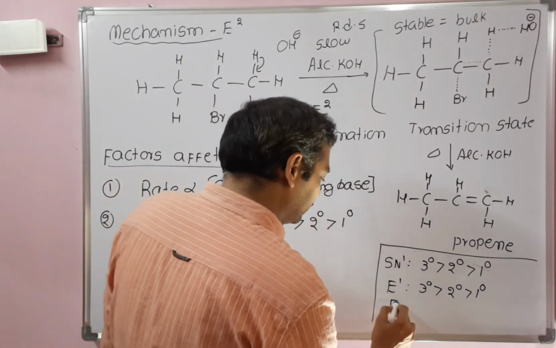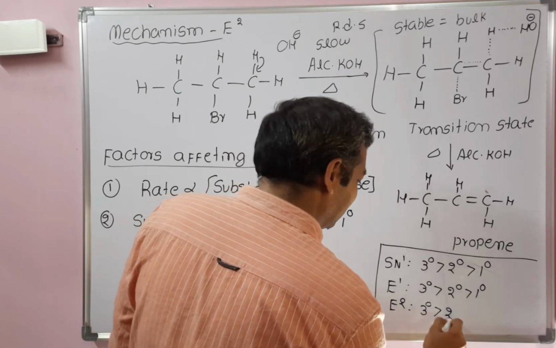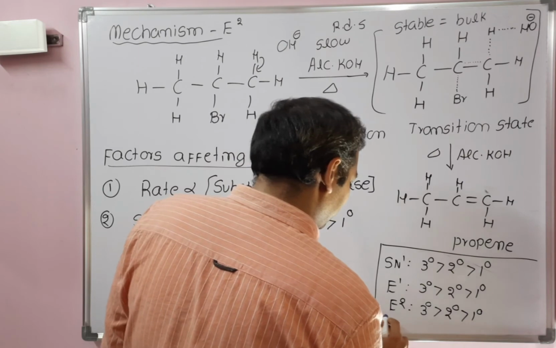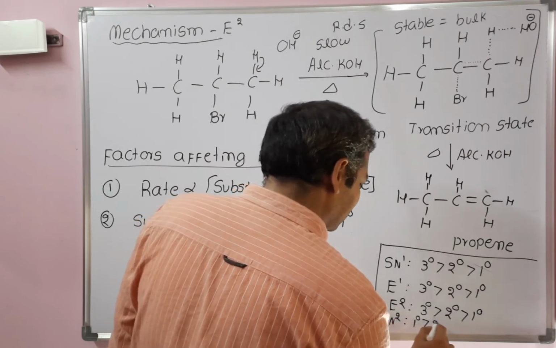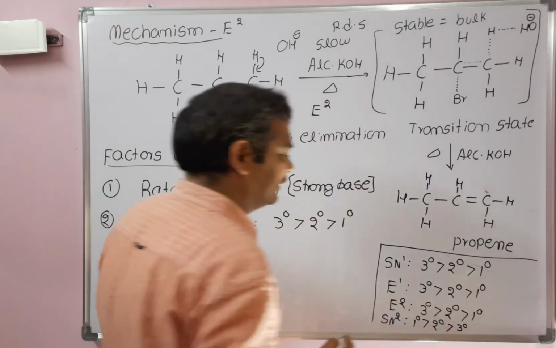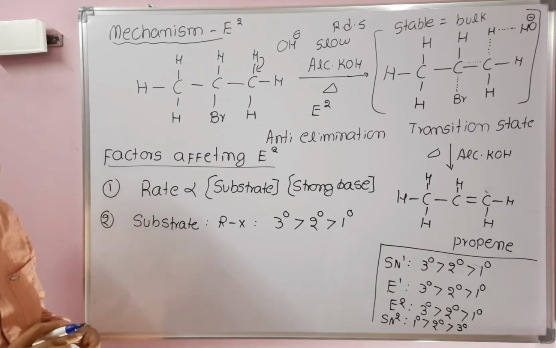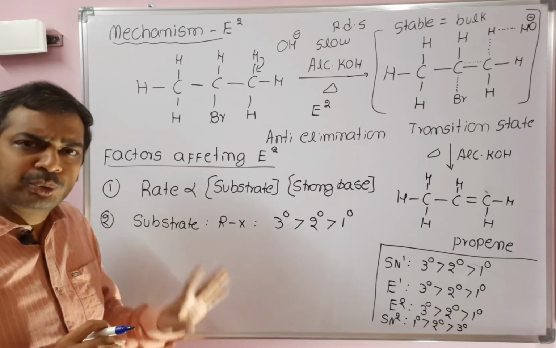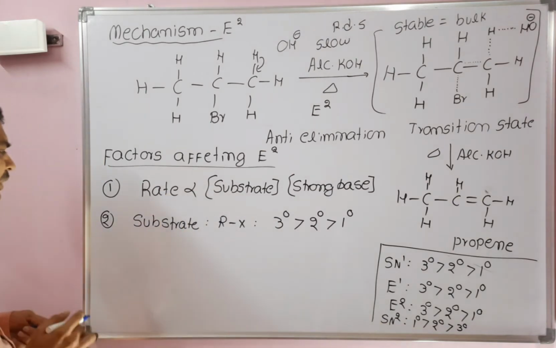In E2 also the same, tertiary greater than secondary greater than primary. Only in case of SN2, primary reacts readily and tertiary is least. In SN1, E1 and E2, tertiary alkyl halides will readily undergo reaction, whereas in SN2 only primary alkyl halides will undergo substitution reaction.